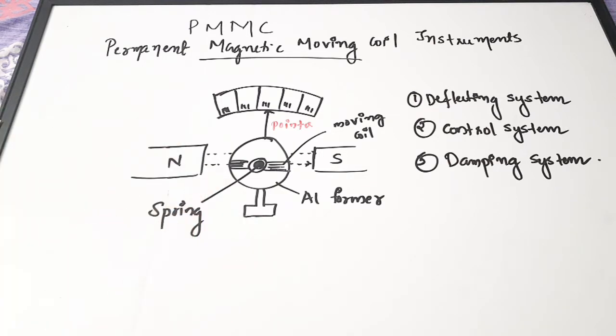This is the working of the deflecting system, the first system present in a PMMC.